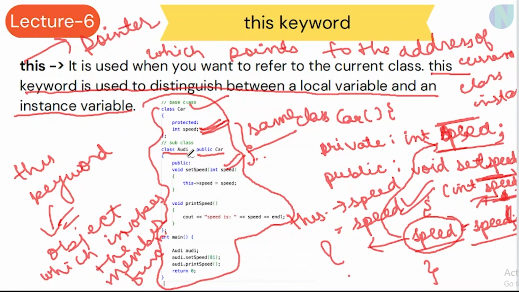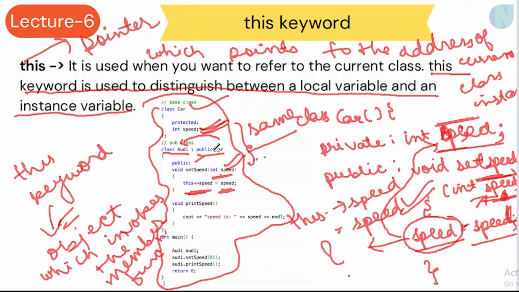Just for your understanding, there is a class car and we are inheriting all the properties of the car class in the class Audi. So here inheritance comes into the picture and Audi is called a subclass. Now we use public void set speed, give int speed, and here also we set this of speed is equal to speed.